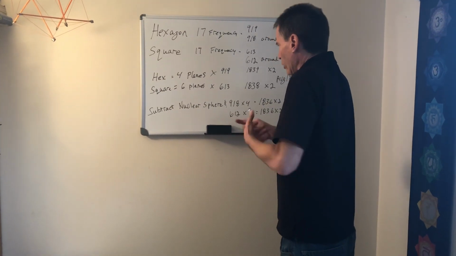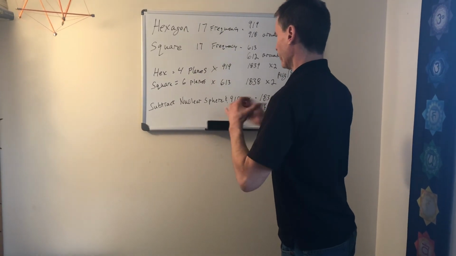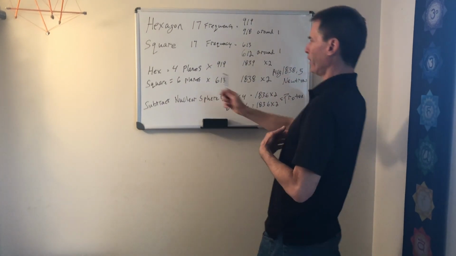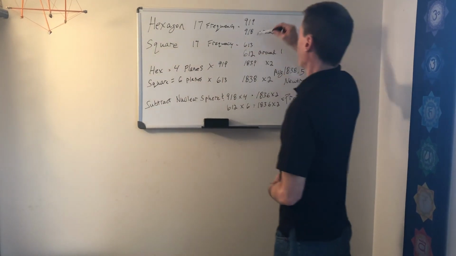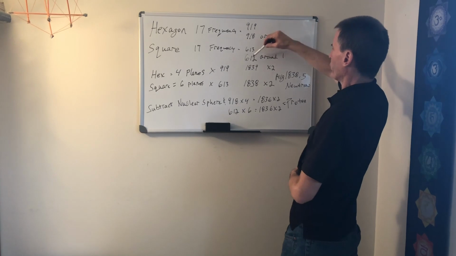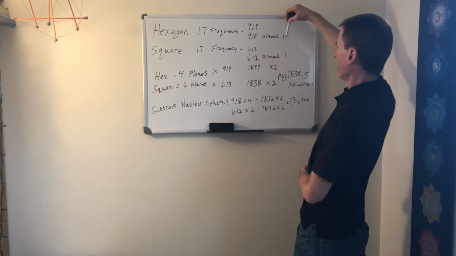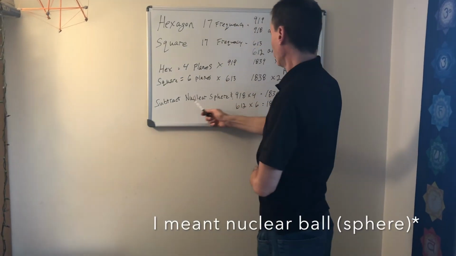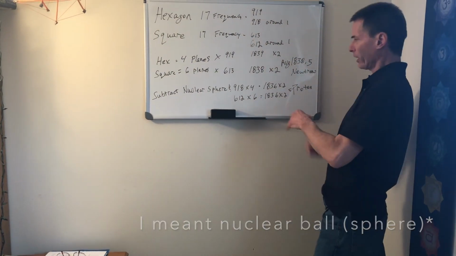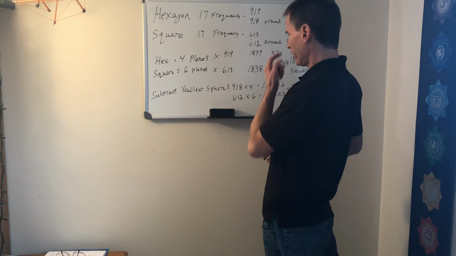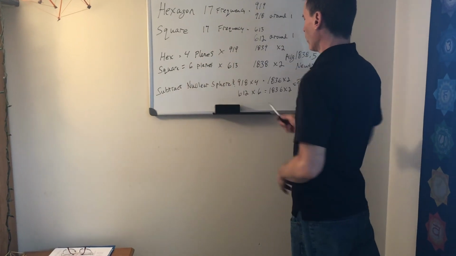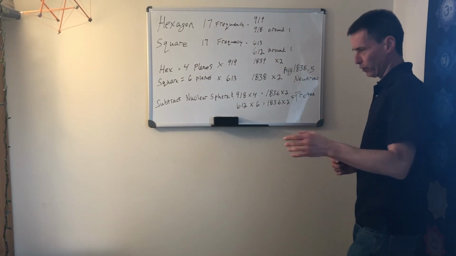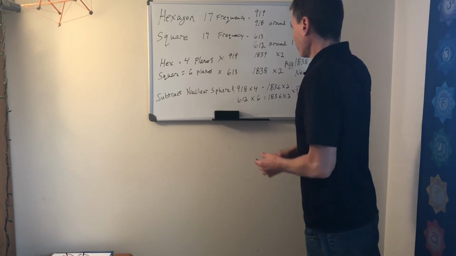If energy components are closest packed and utilizing the same central sphere, the square and the hexagon cannot both be using that central sphere because 612 are spinning around 1 and 918 are spinning around 1, and that 1 is the nuclear sphere. So if you subtract that nuclear sphere, you have 918 going at one time while the other one's doing 613. And then maybe you got 919 going while the other one's doing 612. Once again, only one can be using that central ball.